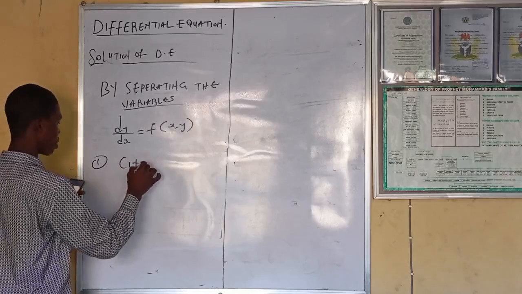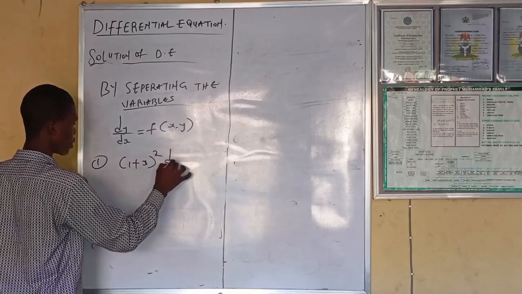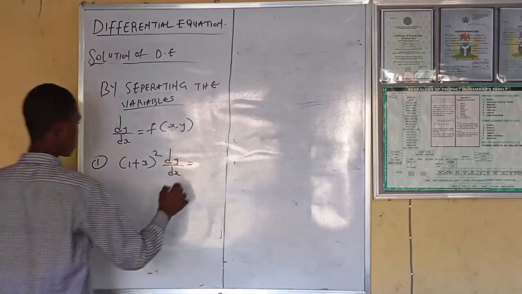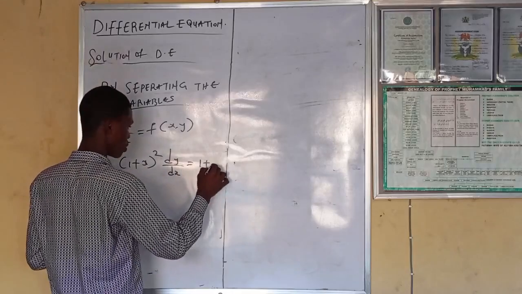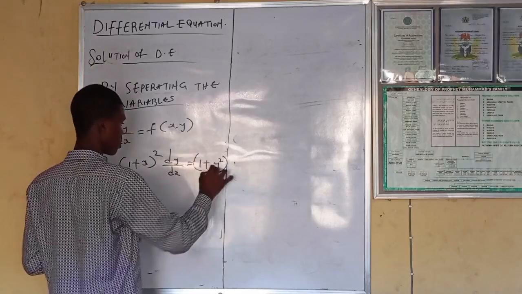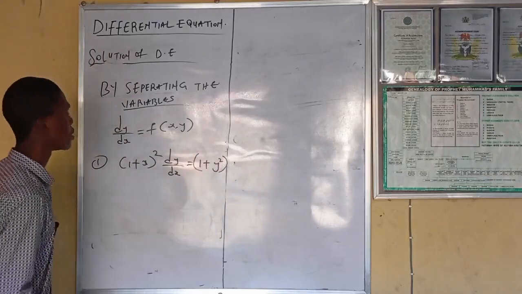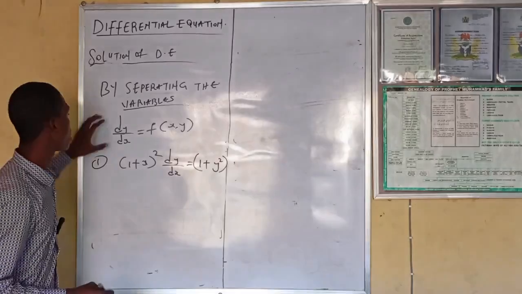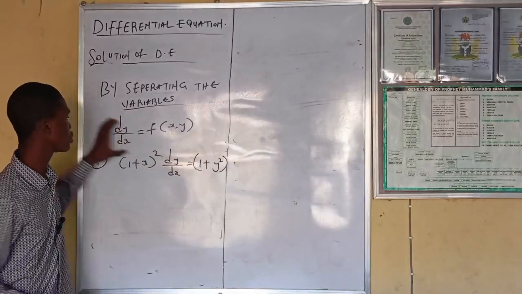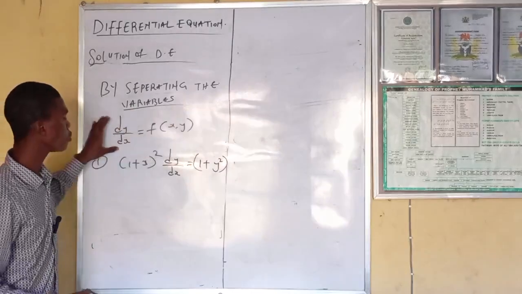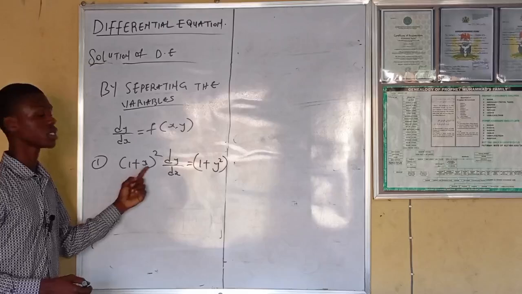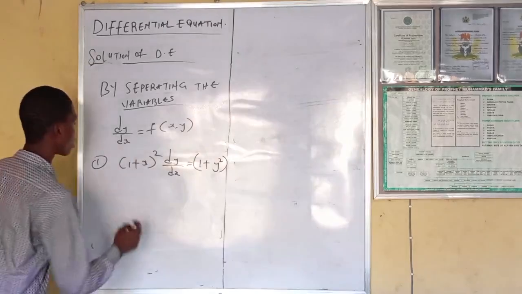One plus x squared dy over dx equals 1 plus y squared. From here, the first task is to get your differential equation in this form. How do we do that? Divide both sides by 1 plus x all squared.